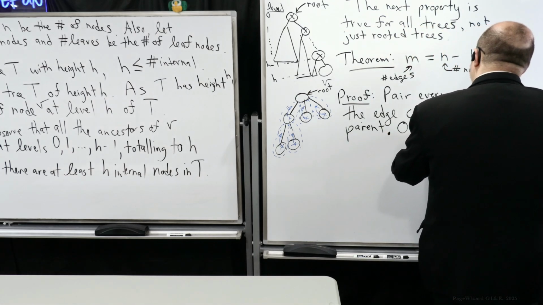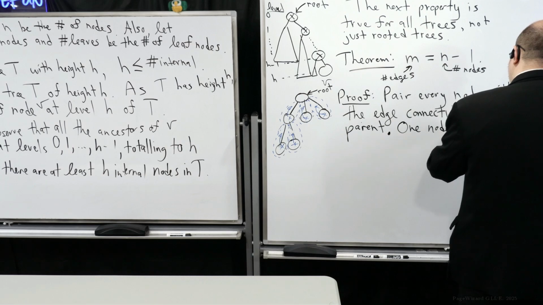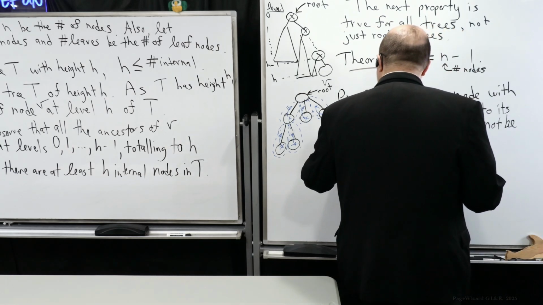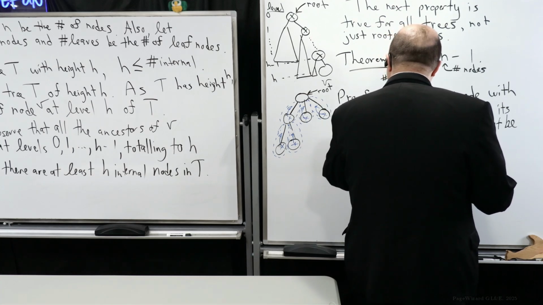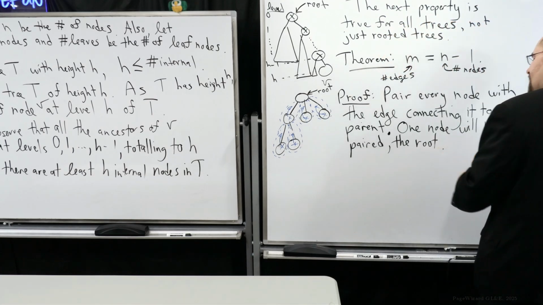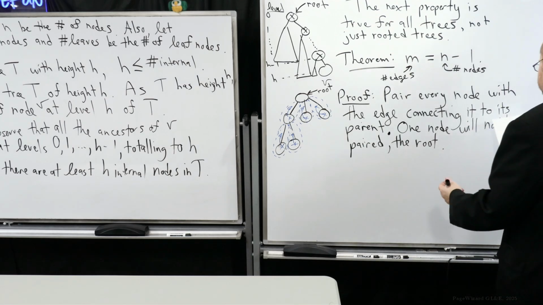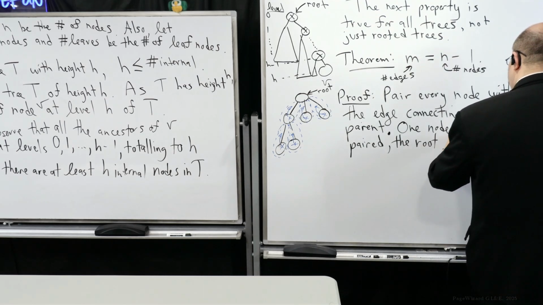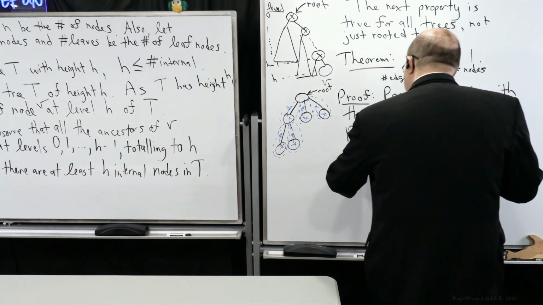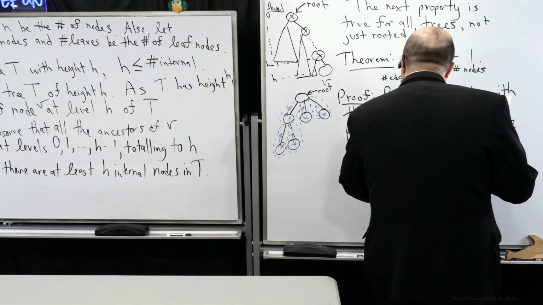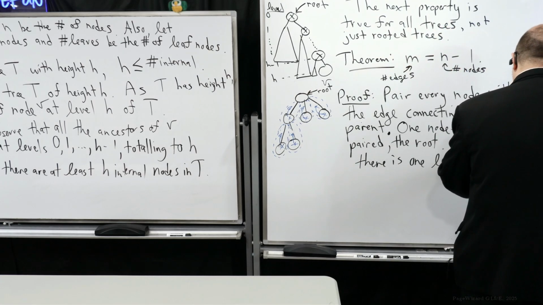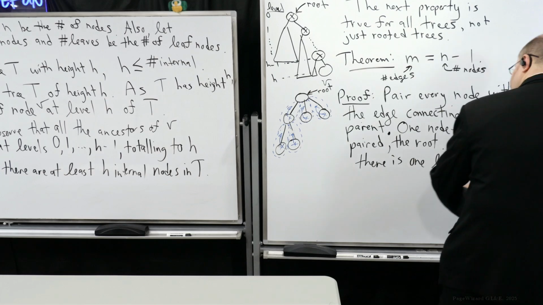One node will not be paired: the root. It's a very special node because it has no parent. Therefore, there is one less edge than nodes.